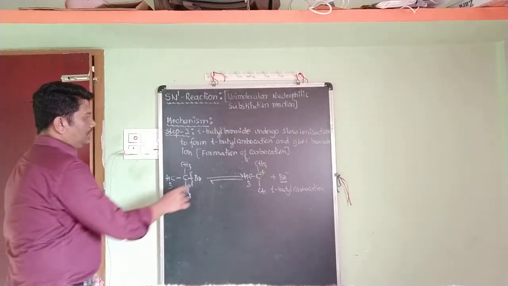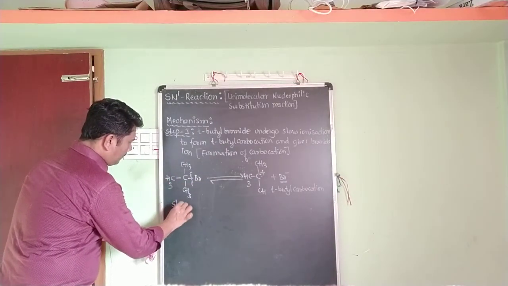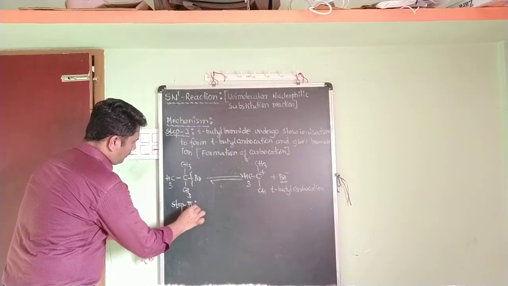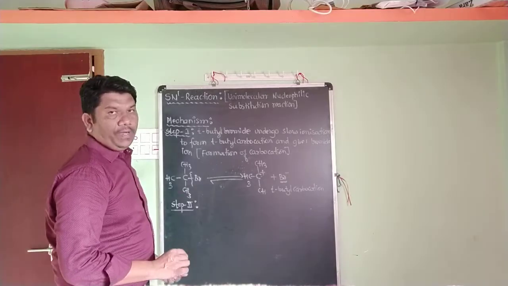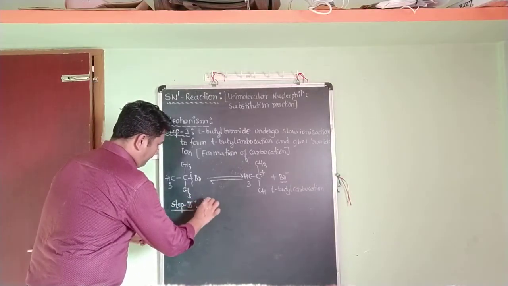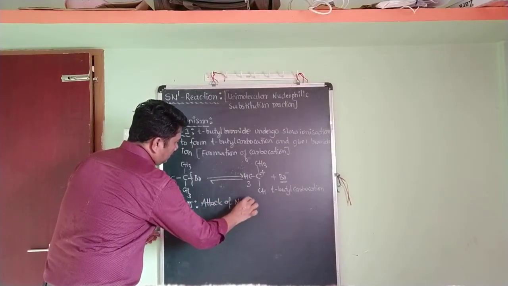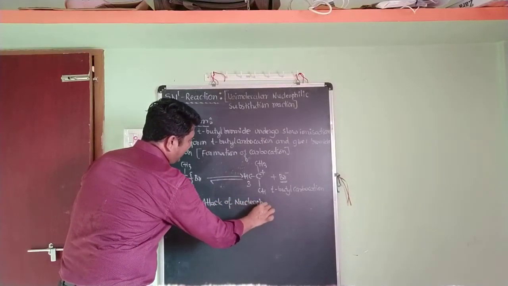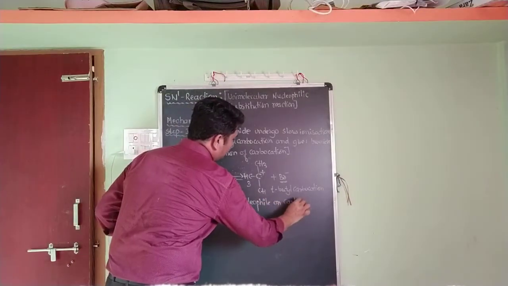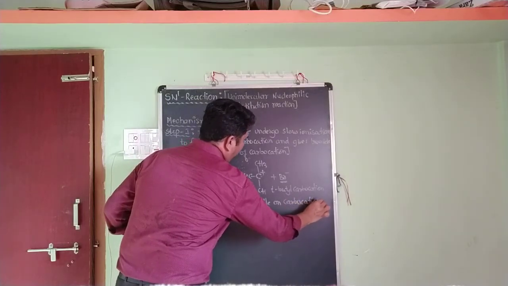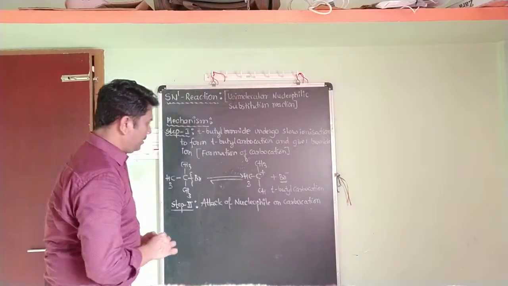Now this is step number 1. Now step number 2. Step number 2 is attack of nucleophile on carbocation.